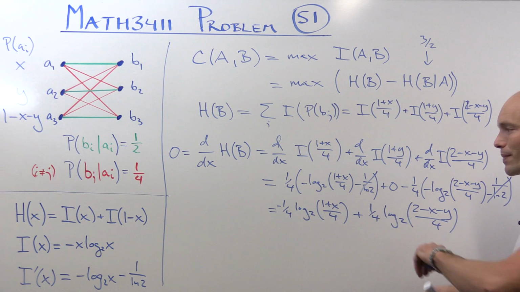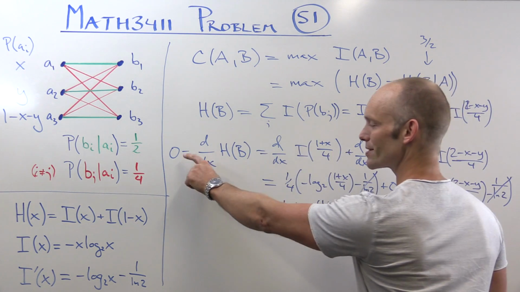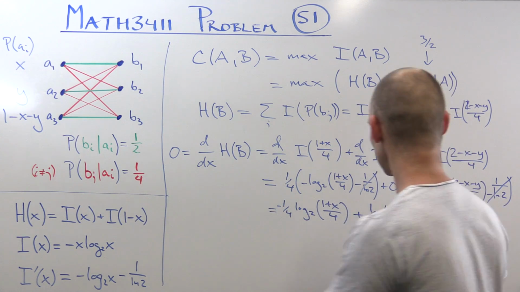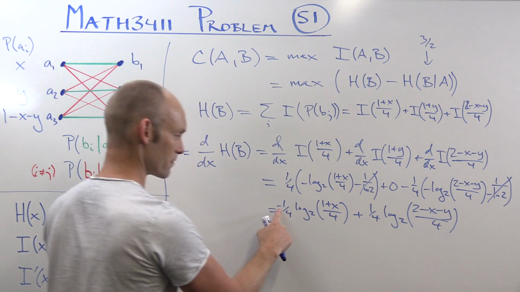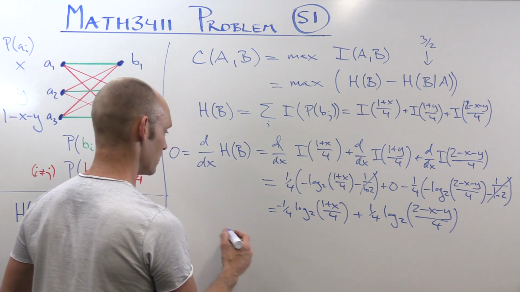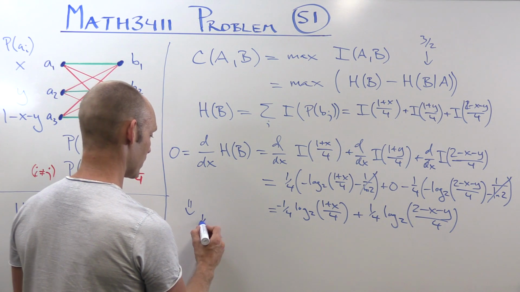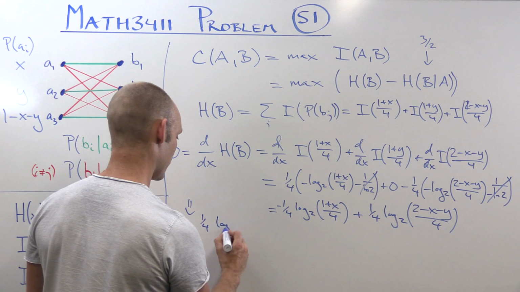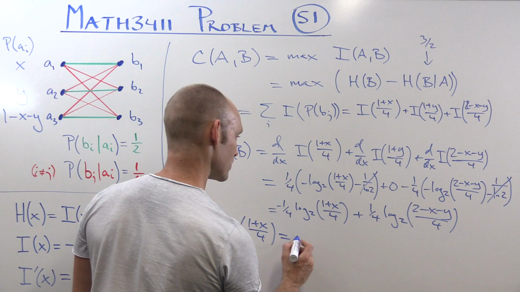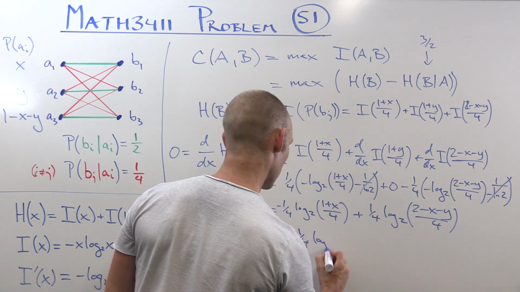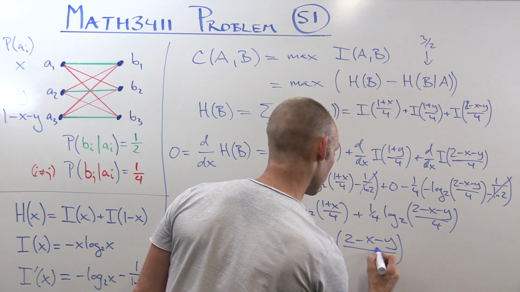Okay, it looks a bit messy, but it's not too bad, because all of this was equal to 0. So we have that this term here is the negative of this term, and there's in fact a minus in front. So that gives us that we have a quarter log 2 1 plus x over 4, and that's equal to a quarter log 2 minus x minus y over 4.